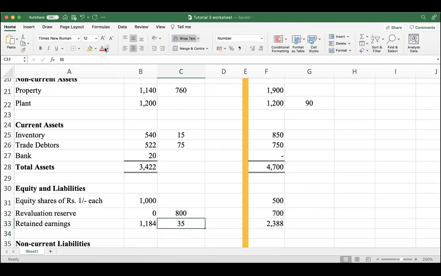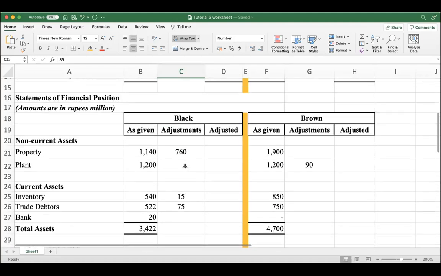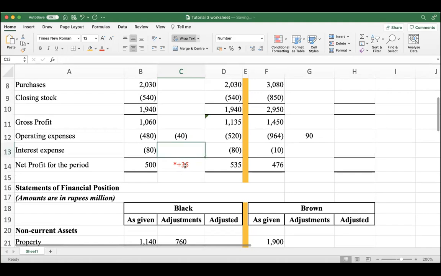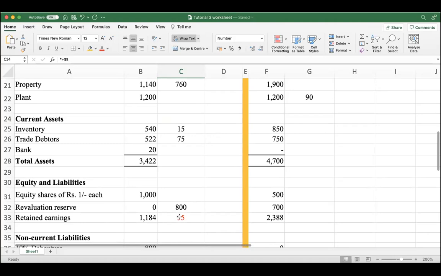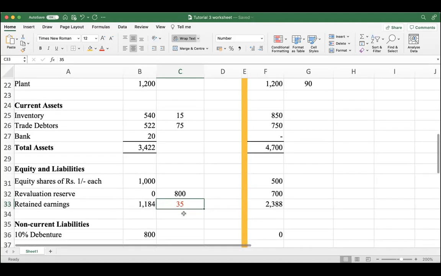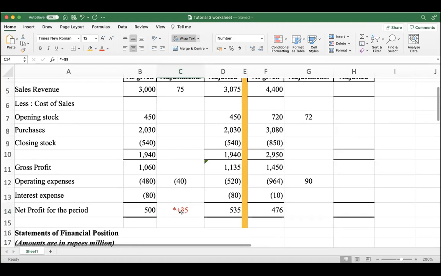If profit increases by 35, that effect will come to the retained earnings.